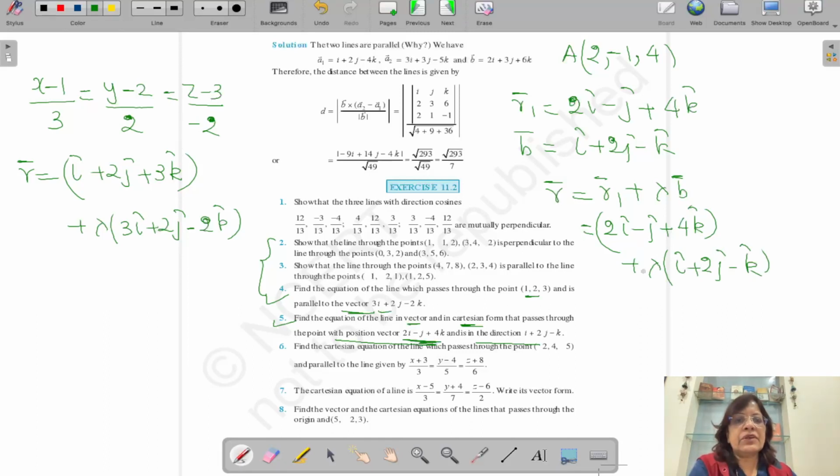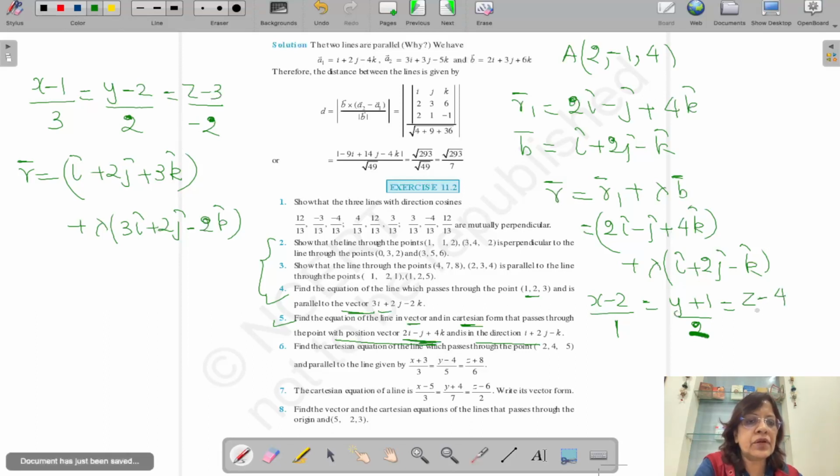And what will be the Cartesian equivalent? This is a point given, this is a vector. So Cartesian equivalent will be x minus 2 upon 1, the component of the vector, y plus 1 upon 2, z minus 4 upon minus 1. I hope that this is clear to all of you.